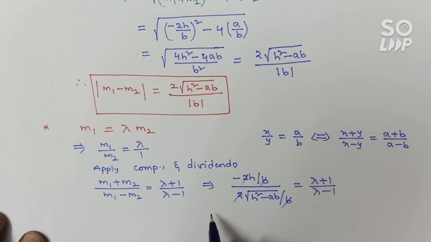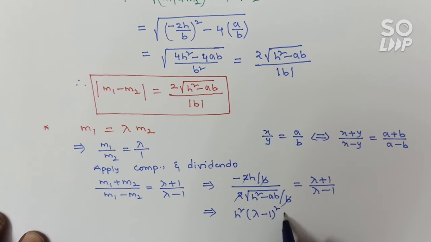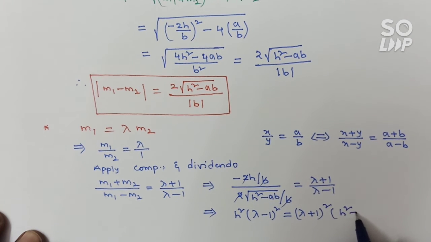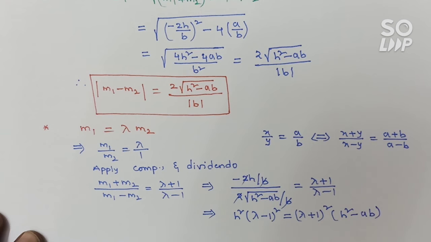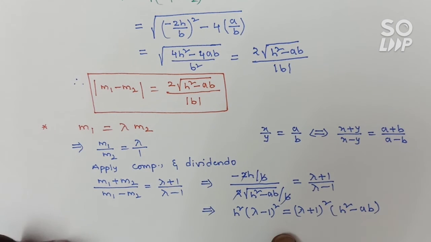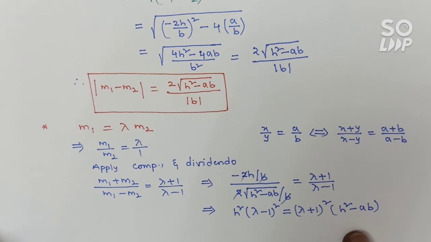Now squaring on both sides, you will get h square into lambda minus 1 whole square is equal to lambda plus 1 whole square into h square minus ab. Now by simplifying this value we can get the required result.